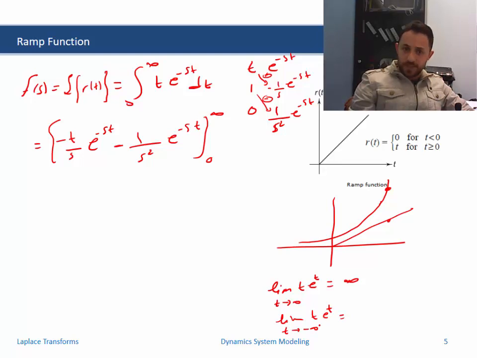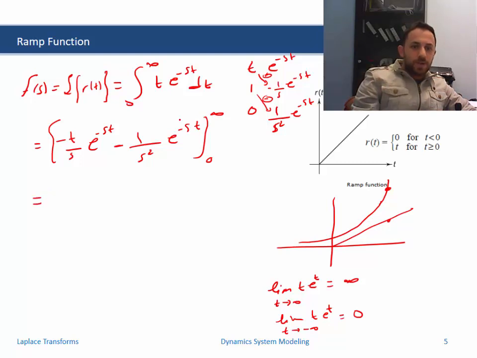So again, I can ignore this term. e power minus infinity is 0, and this is equal to 0. You can deploy other methods like the L'Hopital rule or any other method. To me, I prefer the method of looking at which function is faster than the other. So the other will be a constant in front of the faster function.